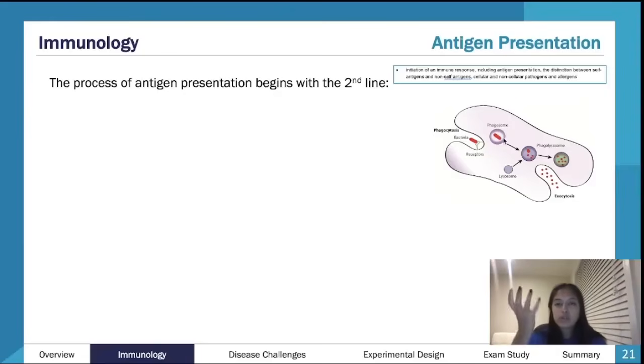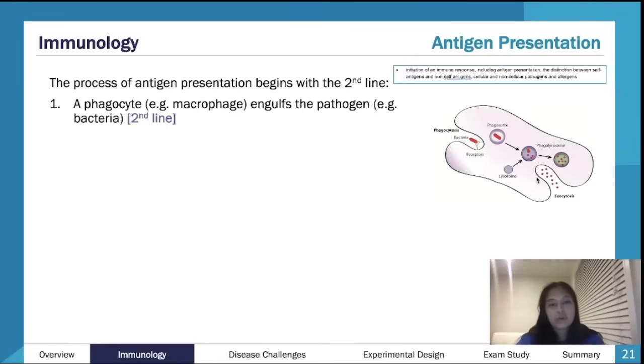So you've got your little vesicle with your pathogen and your little vesicle with your digestive enzymes, and then you fuse them into one, which is your phagolysosome. Then the enzymes get to work, and you can see that they degrade this bacteria, this pathogen, and then this is just expelled.